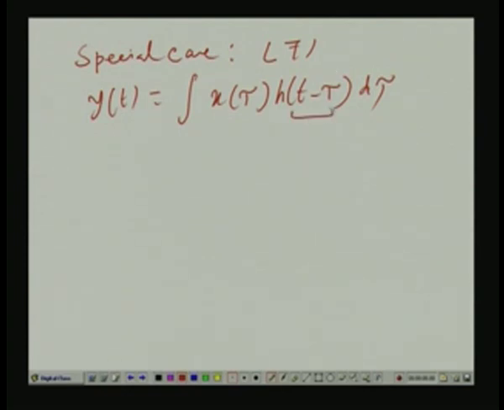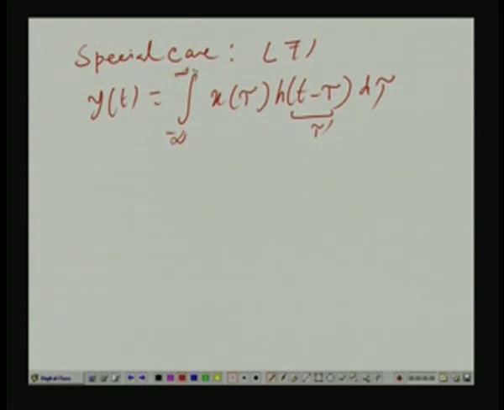And there, if you replace t minus tau by tau prime, so tau is t minus tau prime. Then you see d tau is minus d tau prime, and when tau is minus infinity, tau prime is plus infinity. So the d tau means minus d tau prime, and minus has come, you reverse the two limits again.